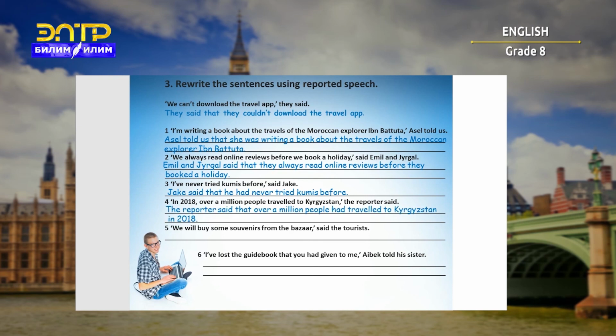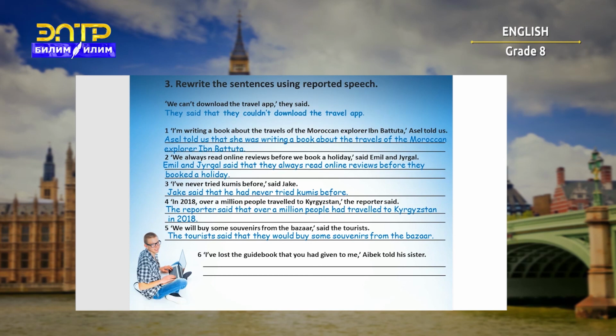The reporter said that over 1 million people had traveled to Kyrgyzstan in 2018. Sentence number 5. I will buy some souvenirs from the bazaar, said the tourists. What did the tourists say? The tourists said that they would buy some souvenirs from the bazaar.